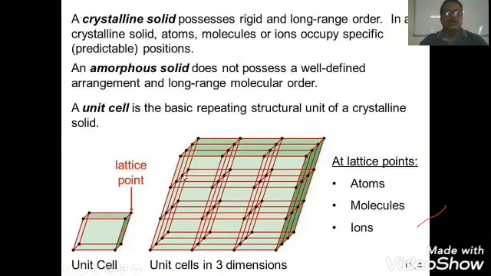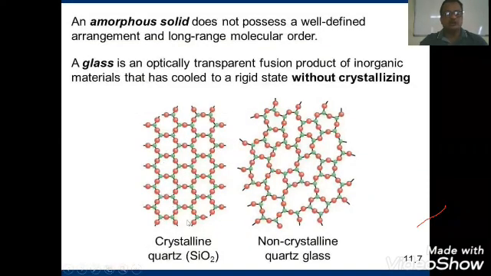Now you see that this is a structure of silicon dioxide. These red balls represent silicon atoms, and these white balls represent oxygen atoms. Whereas glass also contains silicon and oxygen, but they do not follow a regular pattern.